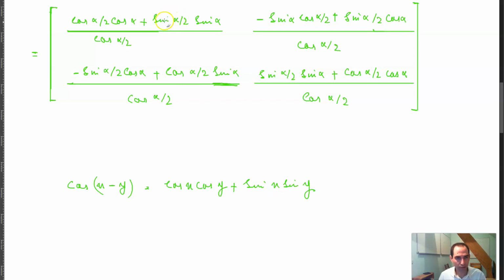So that is the same thing. Basically, I can write this as cos of alpha by 2 minus alpha.